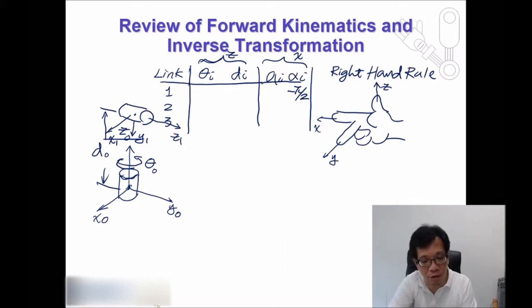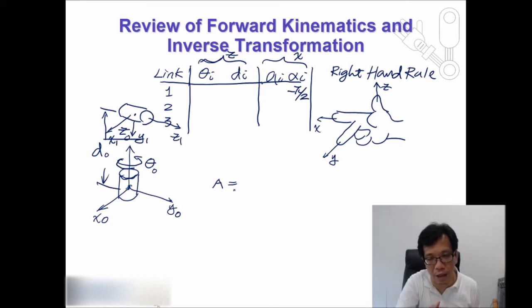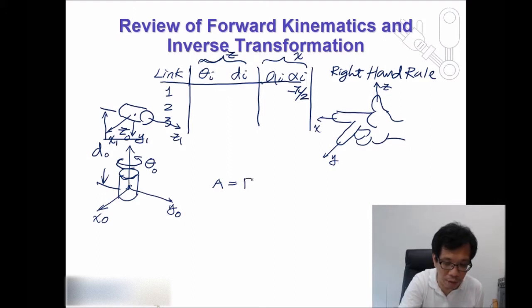Once you determine all the coefficients, then we can start to do our rotational conversion. So there are four matrices you need to know. We use a specific formula, A, that is my transformation matrix from the i frame to the i plus 1 frame. In this case, we're going to have the rotational matrix, that is my Z in theta i.